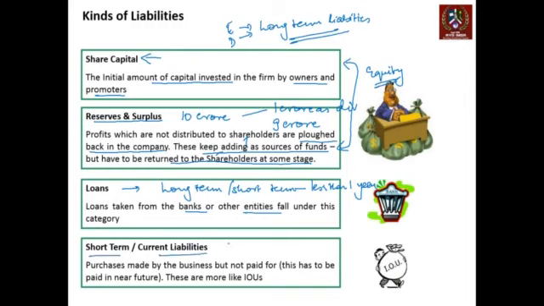You have taken a short-term loan, that's a short-term liability. Purchases made by businesses but not paid for, right? That's like an IOU. That's called an IOU. This is what is commonly known as a payable. I have taken some supplies from my suppliers, but I have not yet paid money to them. That is what is commonly known as a payable.